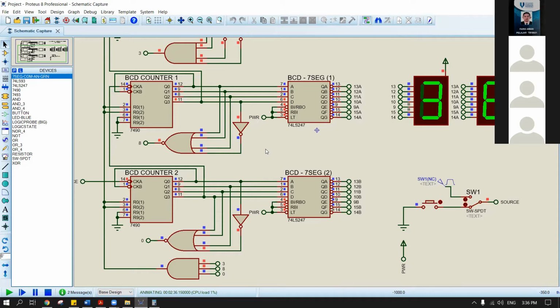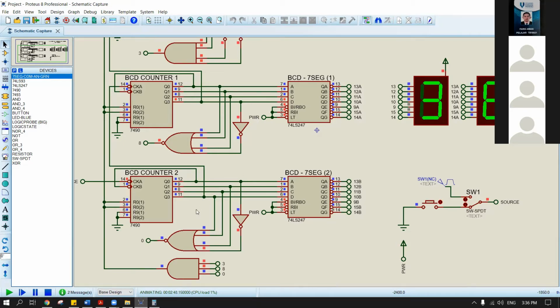J K flip flop, D flip flop. The flip flop is inside the IC. Okay.